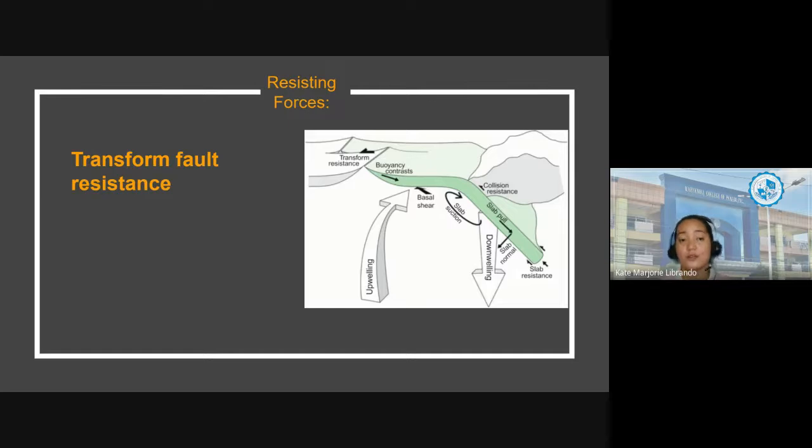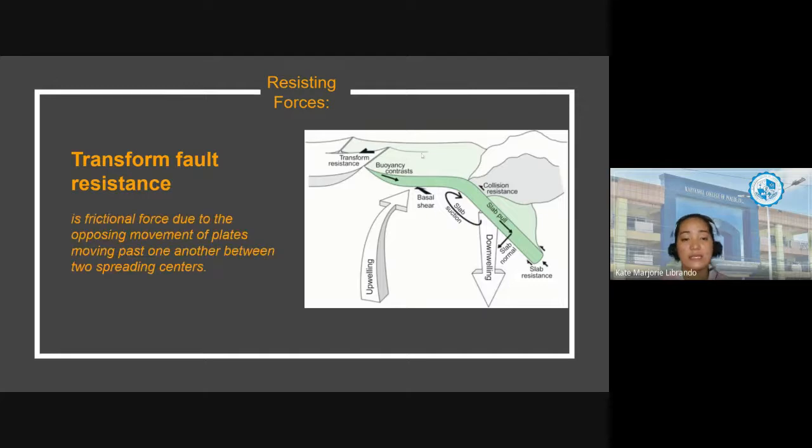Now, this transform fault boundary is a frictional force due to the opposing movement of the plates moving past one another between two spreading centers. Now, it resists the movement or creation of the transform fault boundary.